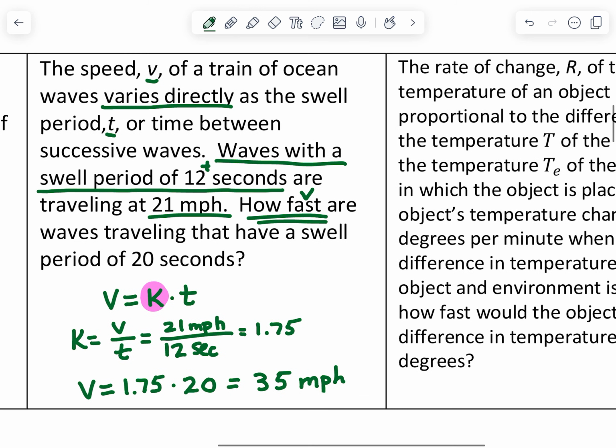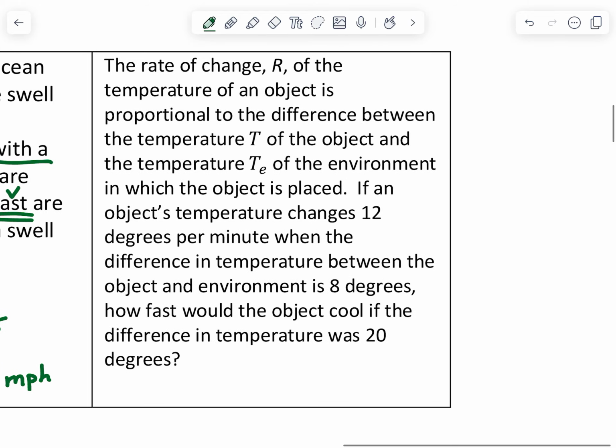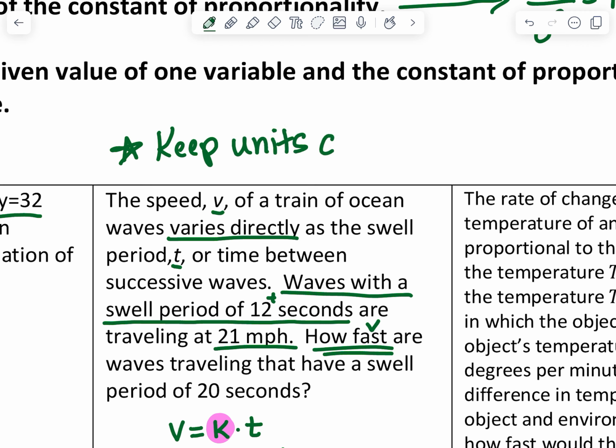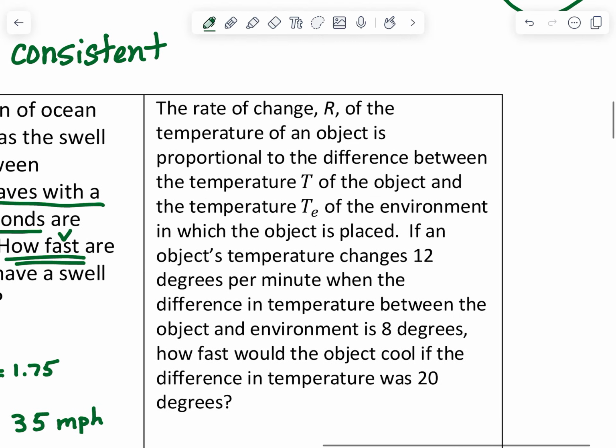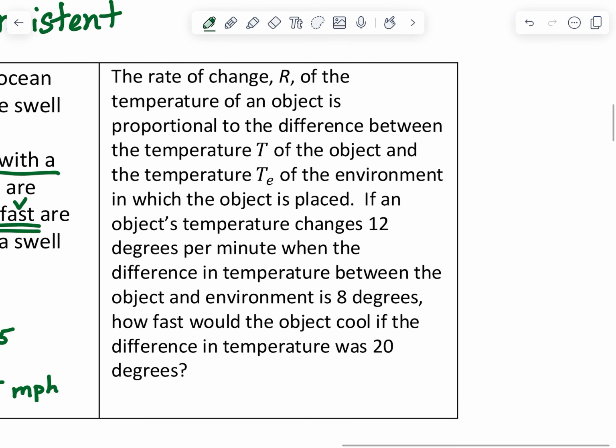There are times when you're going to have to do a small unit conversion, like miles to kilometers, or minutes to seconds, or hours to minutes. Keep that in mind. We should probably make a note in our notes to keep the units consistent. You're always going to have to be on the lookout, because sometimes the numbers they give you have units that are not consistent, and you need to make sure that they are. We're going to do one more.